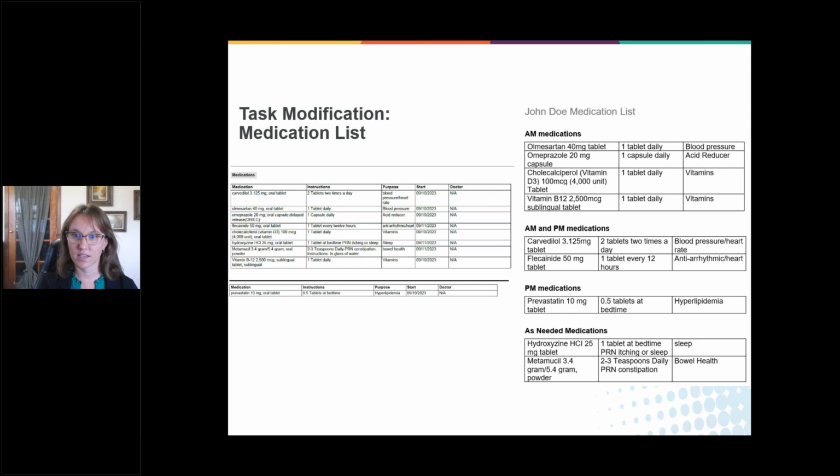I take that exact same medication list and divide it into AM and PM medications, and then as-needed. I'll use larger print so that they can see it. It's a lot more cohesive, so if they're filling it, they know to fill their AM portion first, and they can do both their AM and PM, and then move down the medication planner to appropriately fill their medications. Next slide, please.